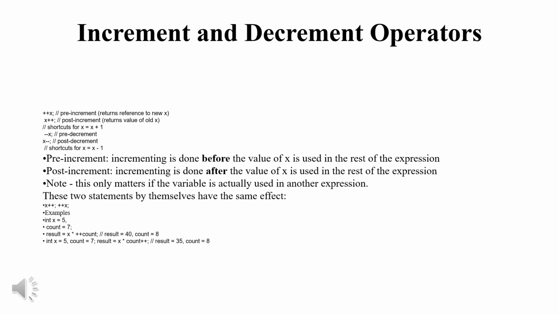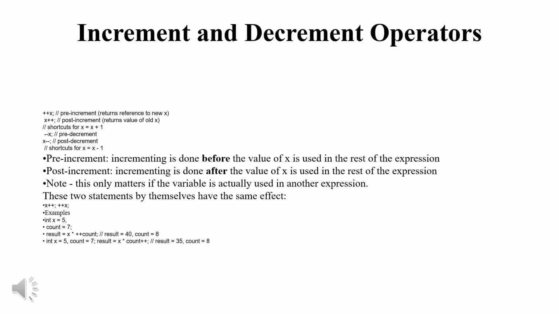Or when we have int x equals 5 and count equals 7 and result be x multiplied by count plus plus, right? The result of this arithmetic operation is x multiplied by count. So 5 multiplied by 7, which is 35, right?